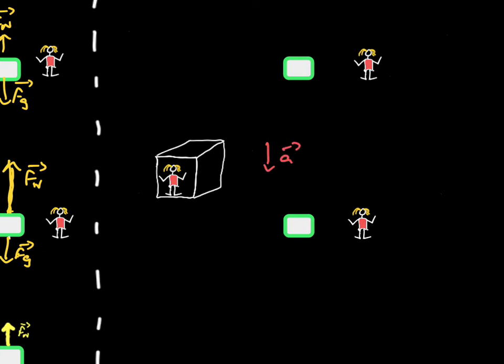If we mark that in here, we've got Fg and we've got Fn, which is going to be less because Fnet is pointing downwards overall, because the acceleration is downward. And because of that lower Fn value, this person here is going to feel a wee bit lighter. You've probably experienced that in elevators where you felt a little bit lighter as the elevator was moving downwards. And that's that effect, just feeling a little bit lighter.